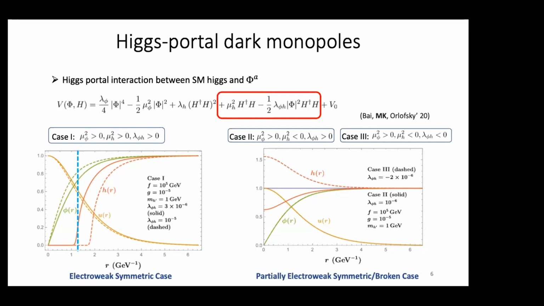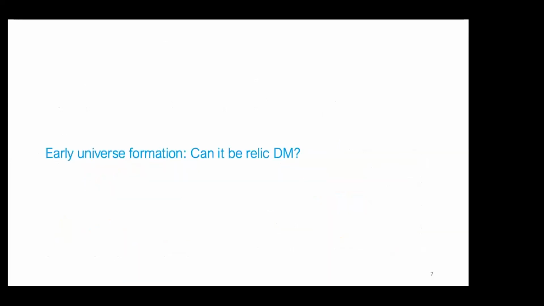But in this talk, I'll be mainly focusing on the electroweak symmetric case. Okay, so I showed you how to think of getting these electroweak symmetric objects using this kind of interaction. Now let me move on to the early universe.